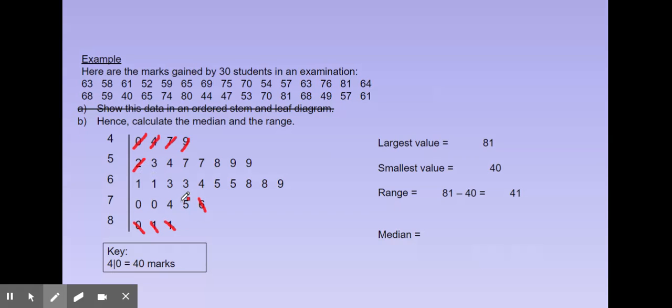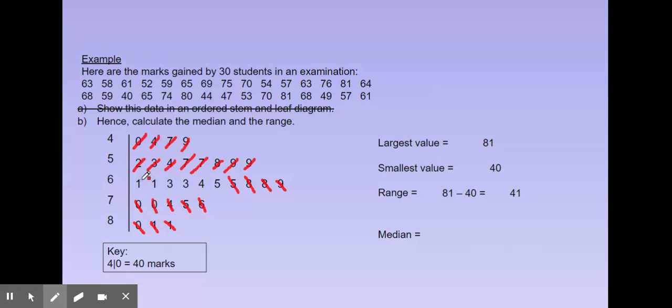Cross 2, so I'm going to cross 5, 3, 4, 4, 0, 7, 0, 7, 9, 8, 8, 9, 8, 9, 5.